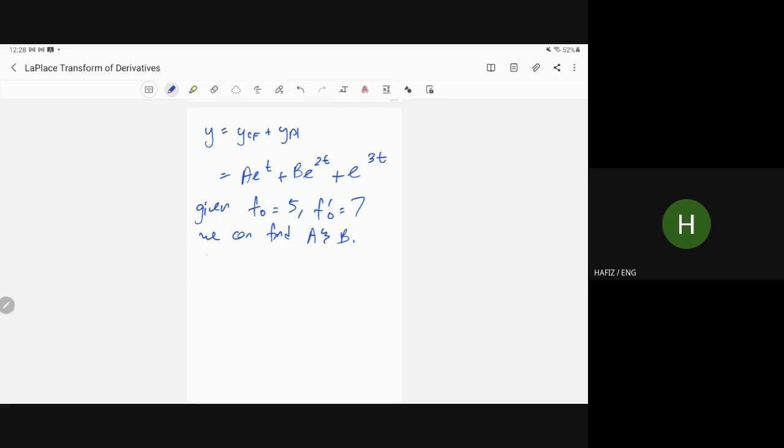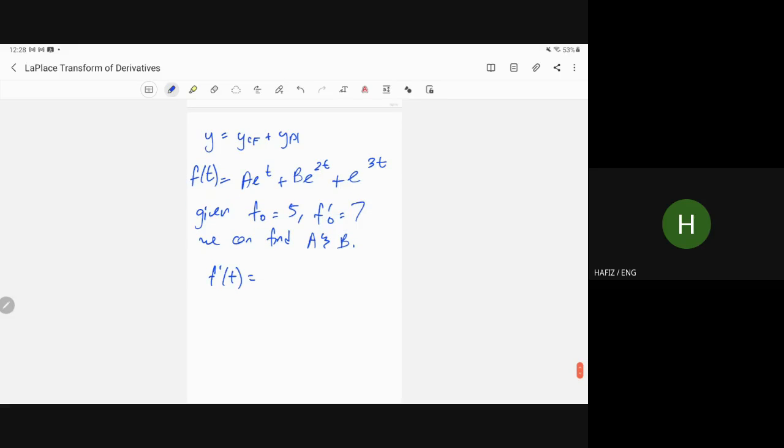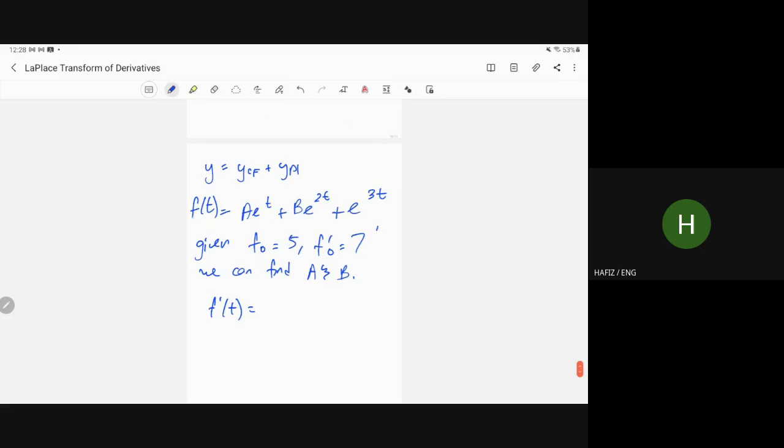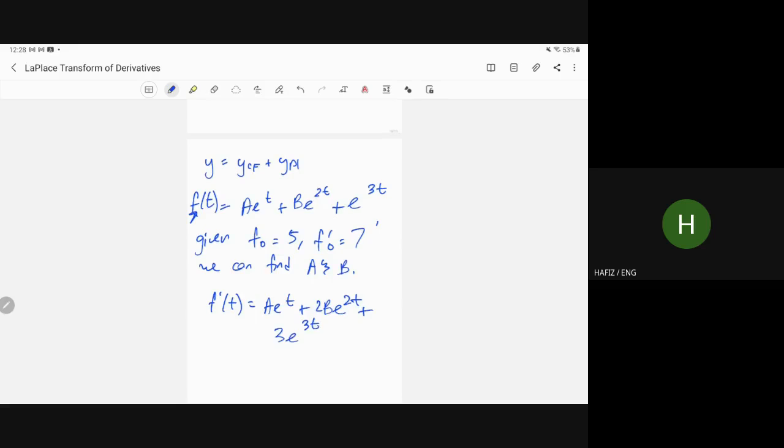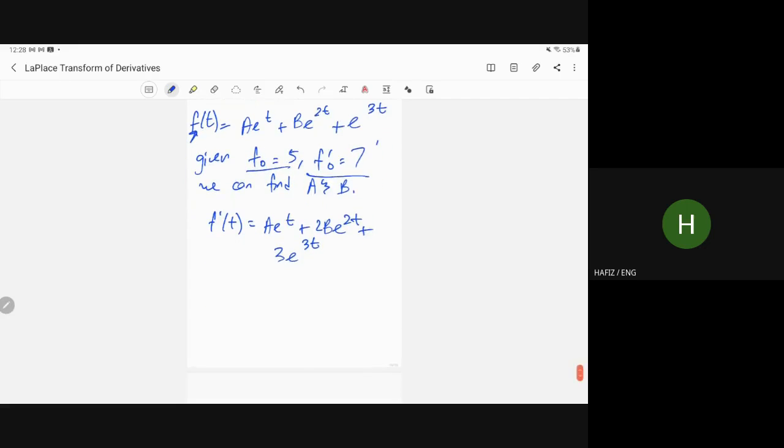So now that you know what f(t) is, to find f'(t), you just have to differentiate this equation here, which will give you Ae^t plus 2Be^(2t) plus 3e^(3t). Okay. So now you use the information given here to find what is A and B.